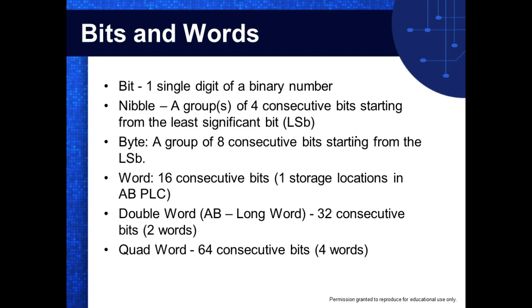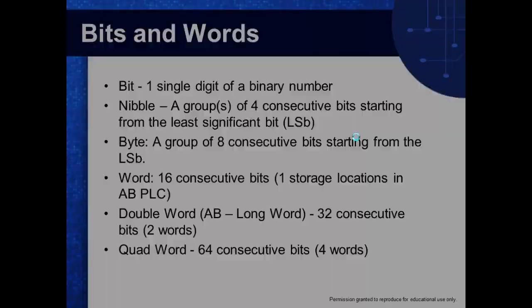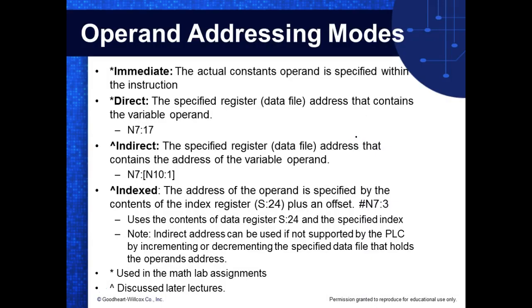And for every group of 8 bits, you go to a different byte. Double words in Allen Bradley PLCs are 32, and then quad words, which these Allen Bradley PLCs we have don't directly support. These are what we're going to be discussing here.